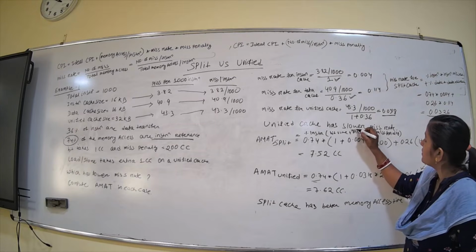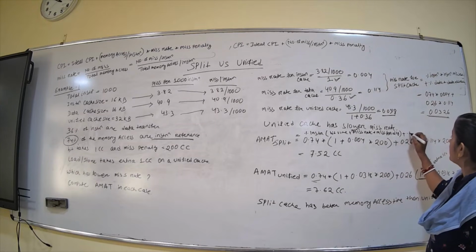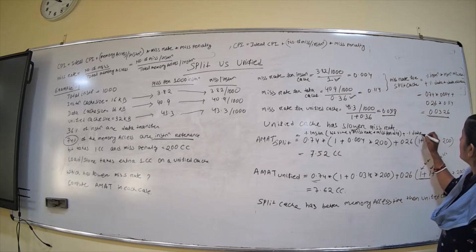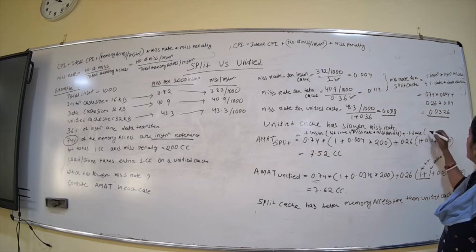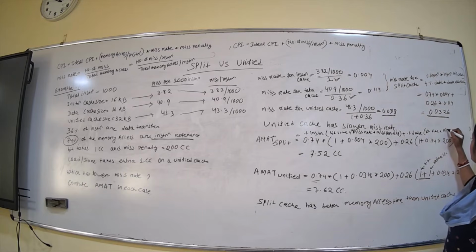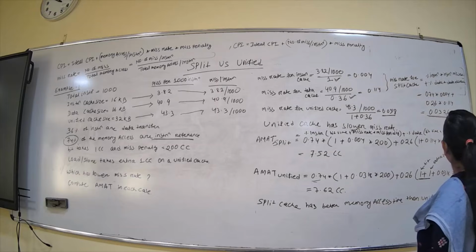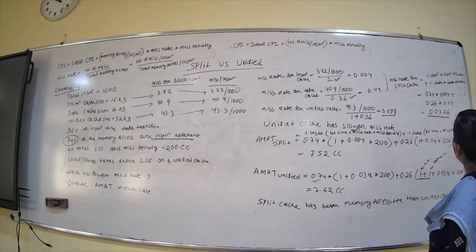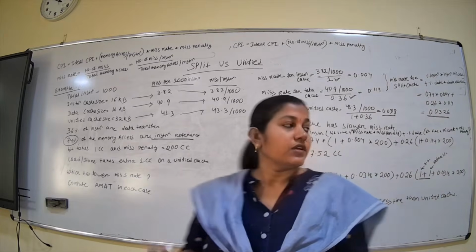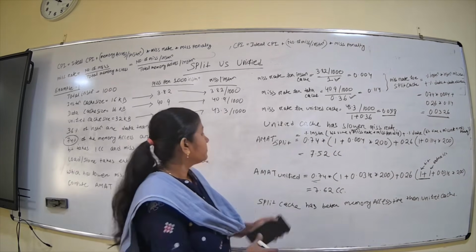Instruction miss rate, the instruction cache. Same for the percentage of data times (hit time plus miss rate times miss penalty). Okay, you see.